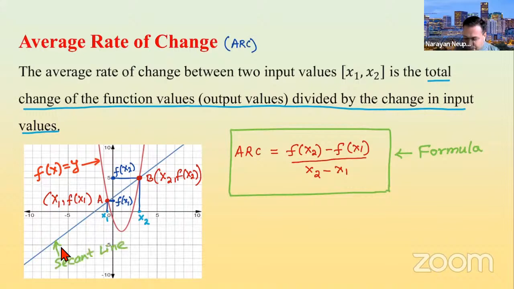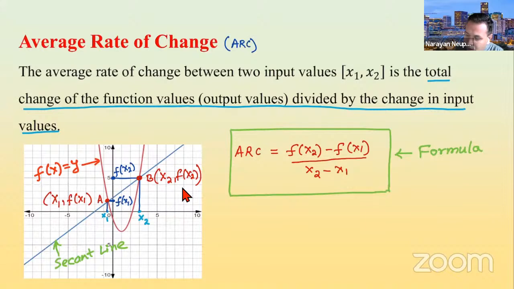A secant line is a line that crosses the graph in 2 points. See, the secant line intersects the graph in 2 points. So average rate of change gives the slope of the secant line passing through these 2 points, point A and point B.